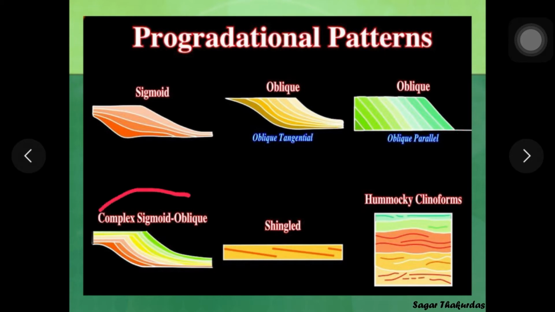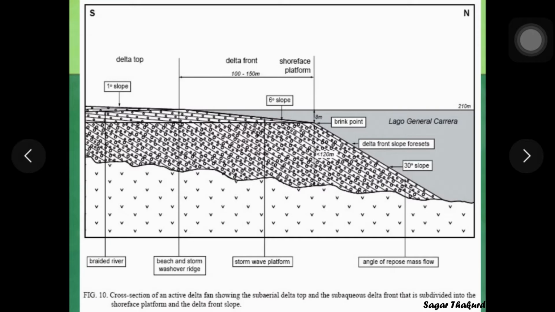And this complex sigmoidal oblique is usually found in fan deltas. You can see thick deposits here and thinning away from the mouth. Same thing again here, you can see the fan plane here, and this is the distal part which remains subaqueous.